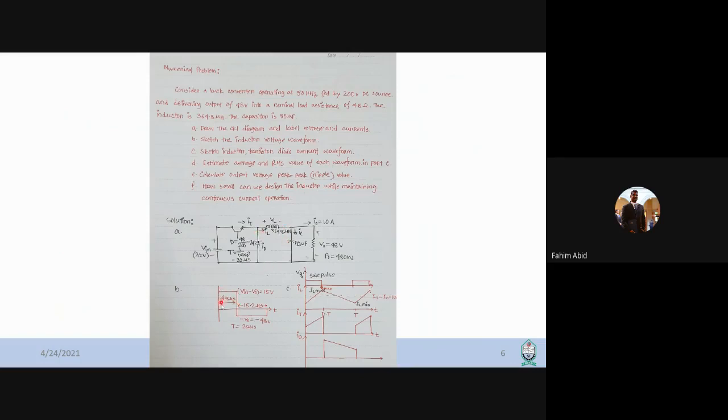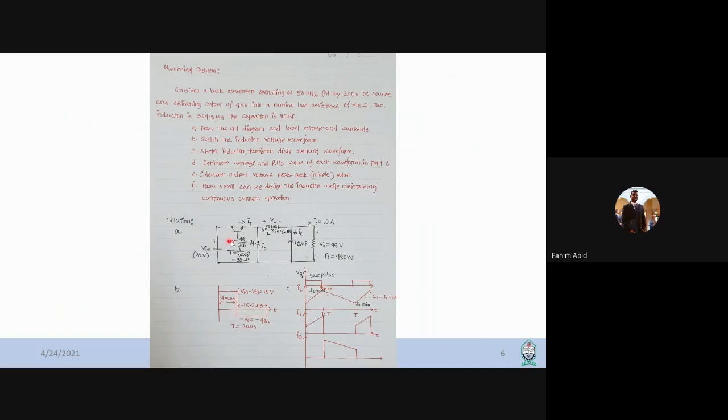So you first get the inductor voltage waveform during this on time. How do you get this on time? It is linked with the D value. We know that this is a buck converter, so the output voltage, which is 48 volt, should be D multiplied by the input voltage.